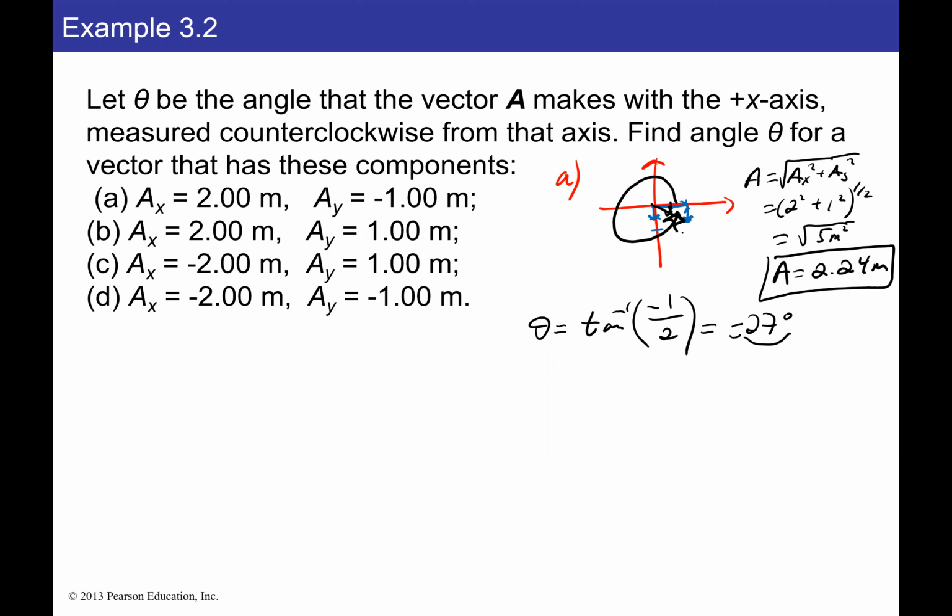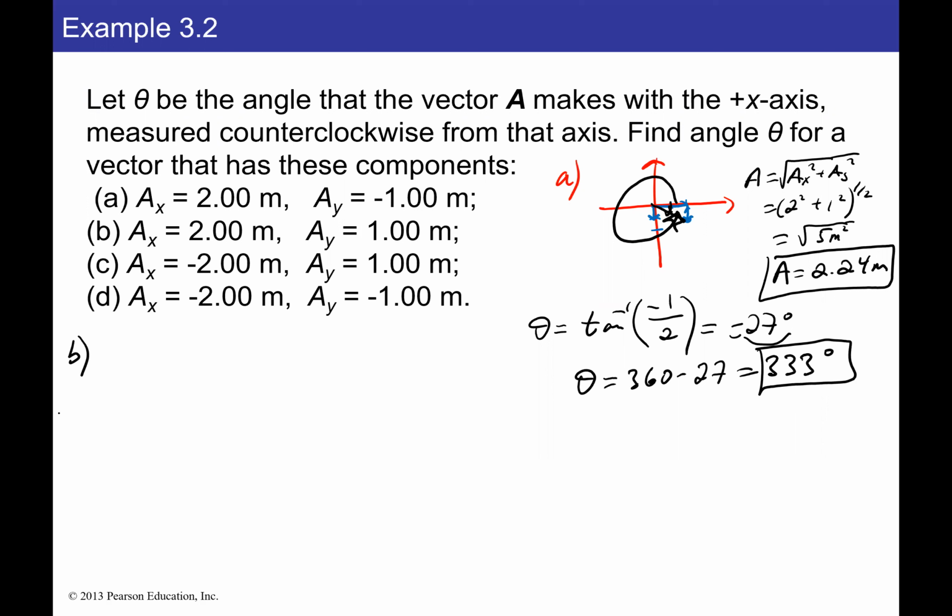So for this particular case, we know that a full circle is 360 degrees, and this is 27 less than that. So theta here is 360 minus 27, so it's 333 degrees. That's going to be the answer. That's the direction of this vector A, because we're taking it counterclockwise with respect to positive x.